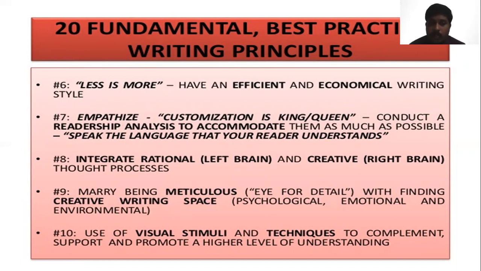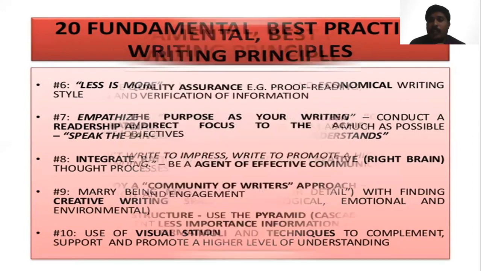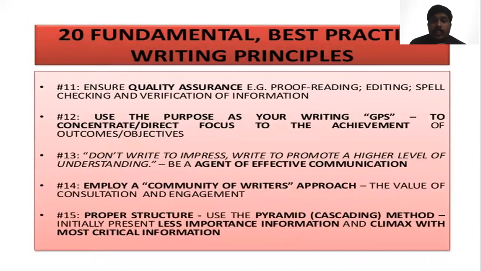A report should be like a marriage, which means the mingling of thoughts and letters. The tenth one is use of visual stimuli and techniques to complement, support, and promote a higher level of understanding. The 11th one is quality assurance. The quality of the report plays a vital role in a good report.